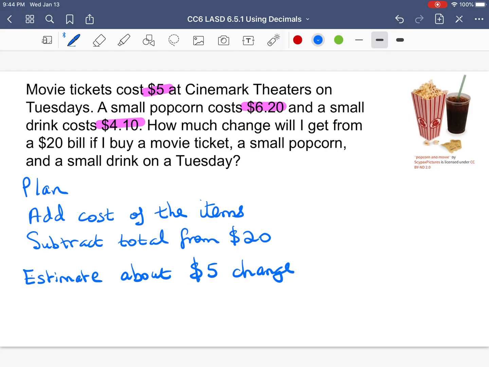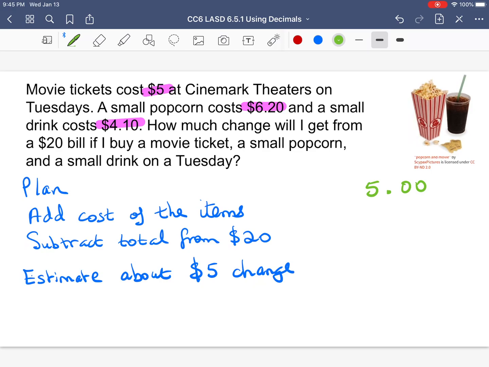So I'm going to add $5. I added some zeros there. It doesn't change the value when I add zeros on the right hand side like that after the decimal place.